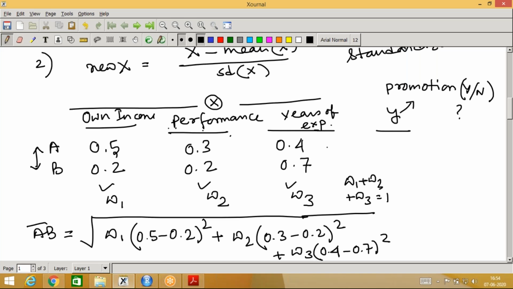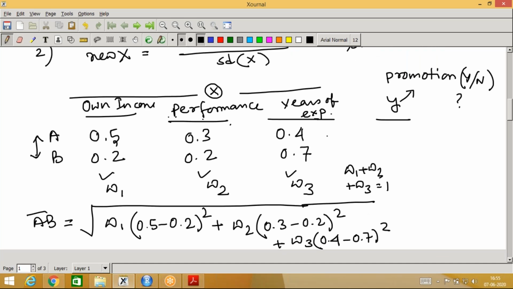Now, how are the weights assigned? Again, weights can be assigned based on your common sense. The weights can be assigned based on simulation, to find which W1, W2, W3 work. If you do not have that data, if you do not have the information, you have to keep on changing them.